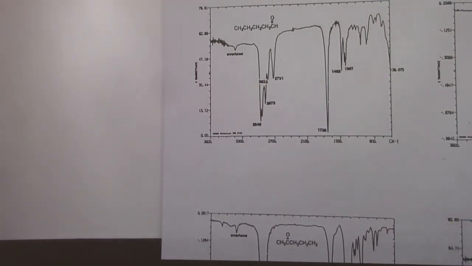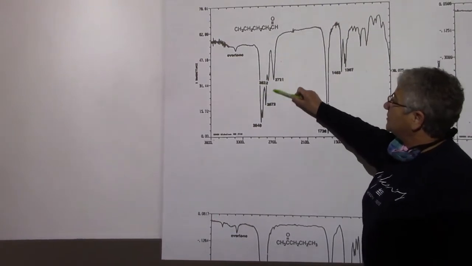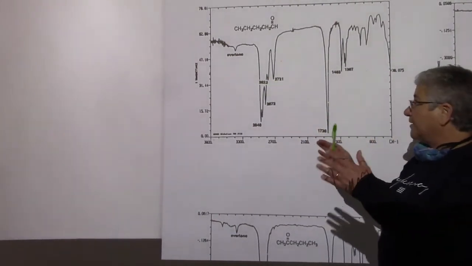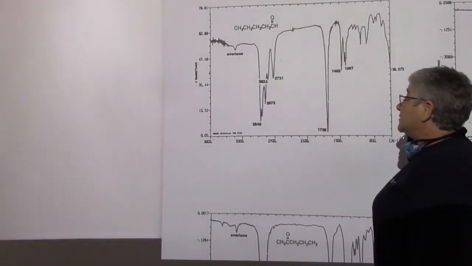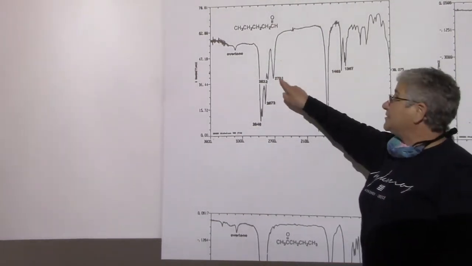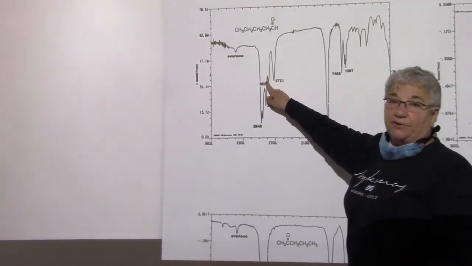So you see a carbonyl, and you see your CH stretches, but outside that 3,000 to 2,800, you actually see a 2721. And if you see a 2720 something, you have to immediately look to see if there's a partner, right?